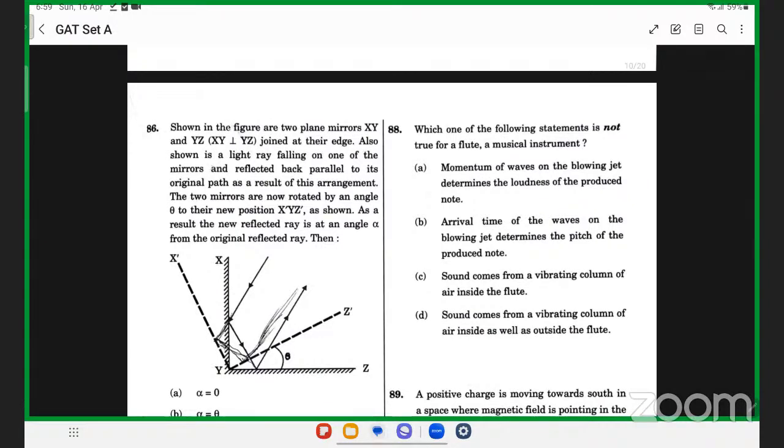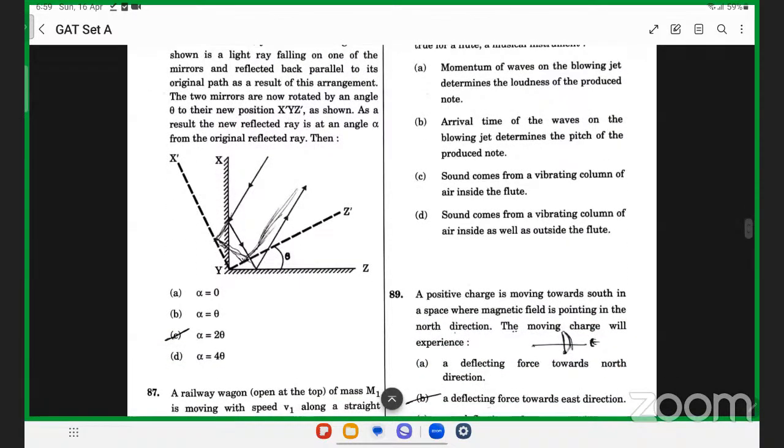Also shown is a light ray falling on one of the mirrors and reflected back parallel to its original path. The two mirrors are now rotated by an angle of theta. As a result, the new reflected ray is at an angle alpha from the original reflected ray. Then alpha will be 2 theta.